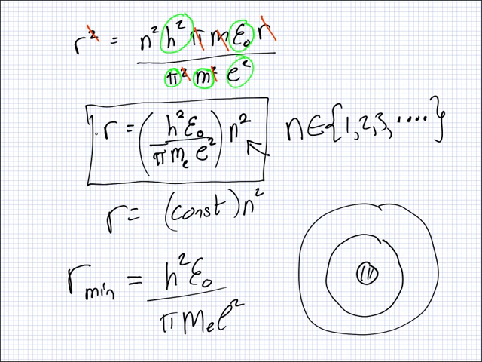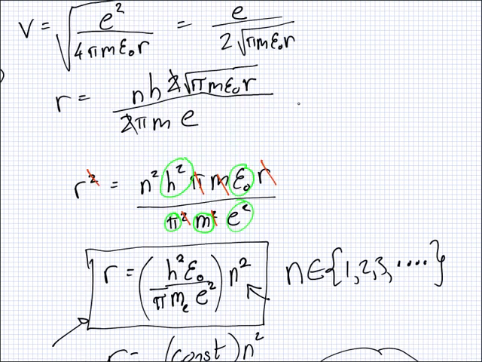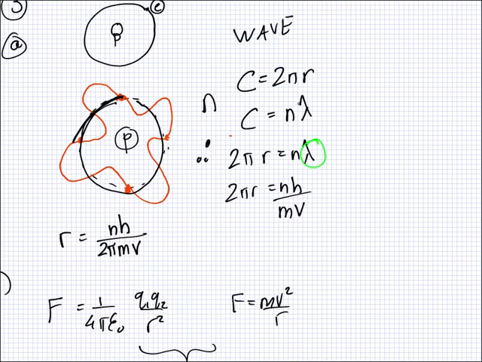Now the question for the last part D is why. My question is, what idea in this question made this happen? What was the physics idea that made this situation happen? If you go all the way back, it's like this because at the very beginning we said that we have to have full waves around in the orbit.